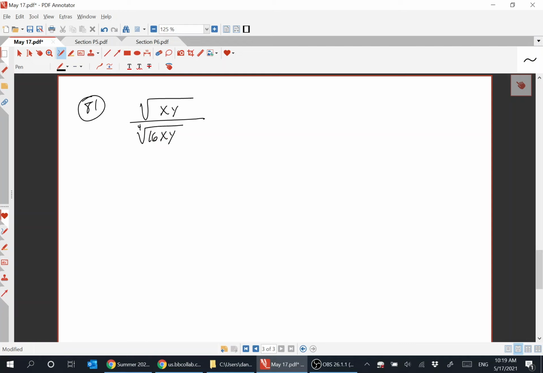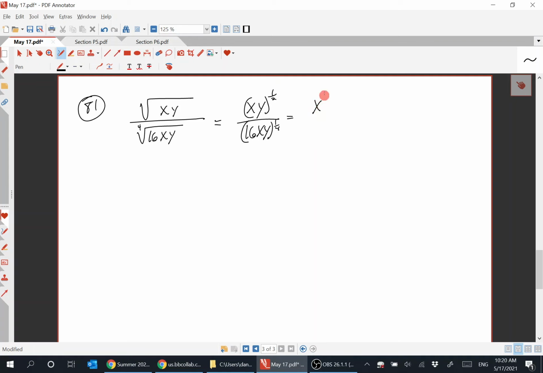So remember that these radical notations or root notations, right? They're interpreted in terms of exponents, of rational exponents. So this is x times y to the 1/2, and on the bottom, 16xy to the 1/4. So now it's just the same as what we were just doing.